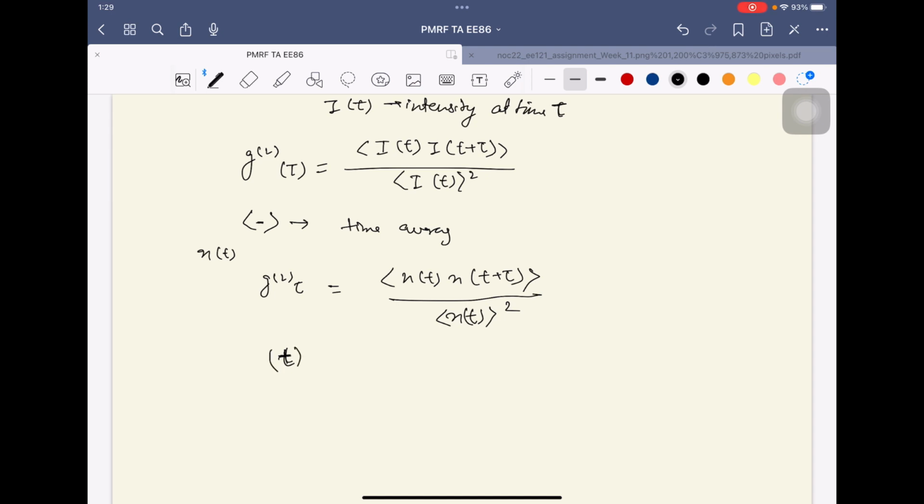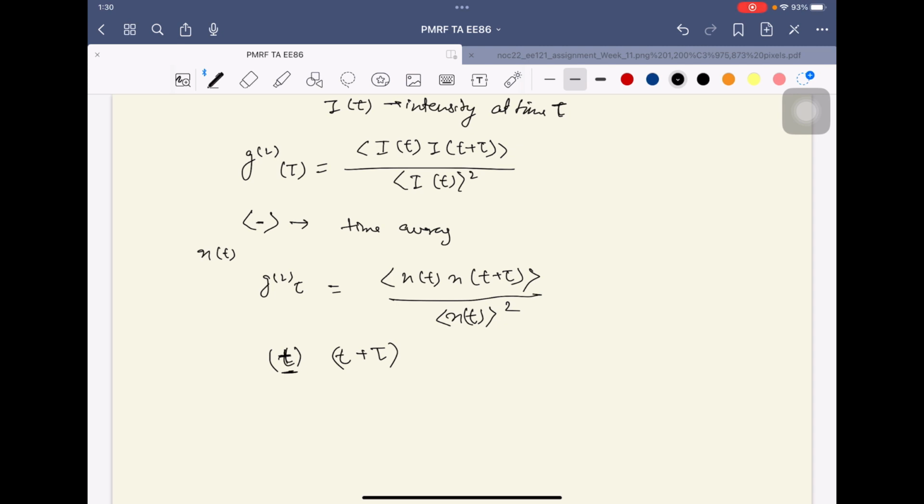More precisely, g2(tau) gives us the degree of correlation between the number of photons detected at time t and at time t plus tau. So this tells us how much the information about the number of photons at time t translates into knowledge of what I will measure at time t plus tau.